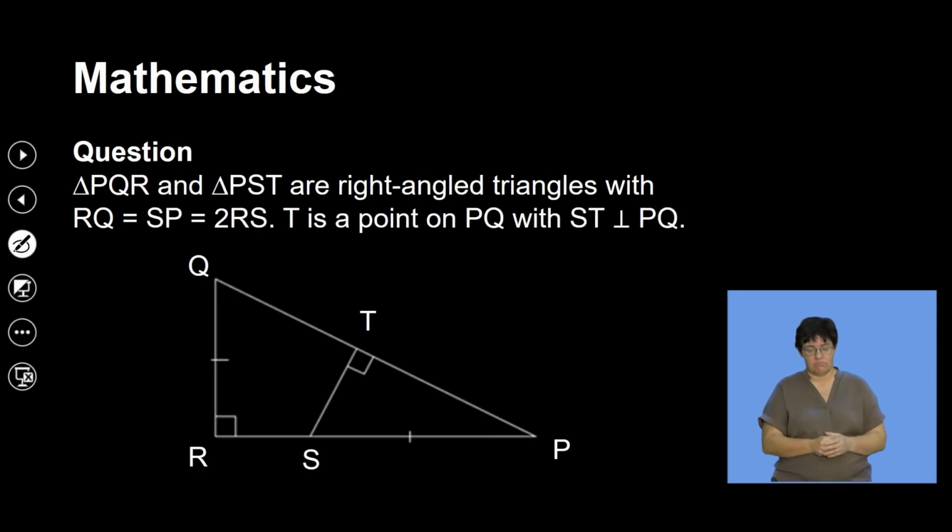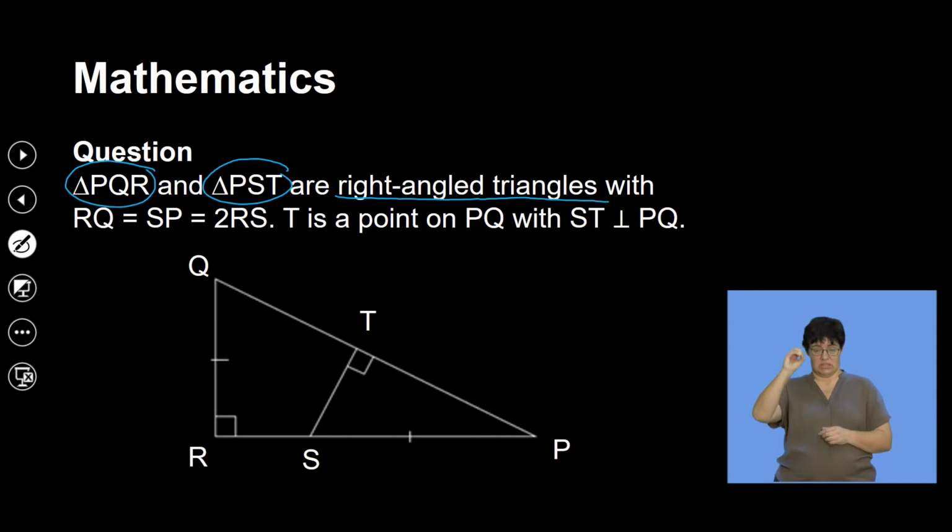Let's look at the first question. I'm just going to give you the statement, give you the diagram, we play around with it, and then we look at the questions. So they're saying PQR and PST, the two triangles are right-angled triangles, right? With RQ being equal to SP, which is equal to 2RS. So what will I do?